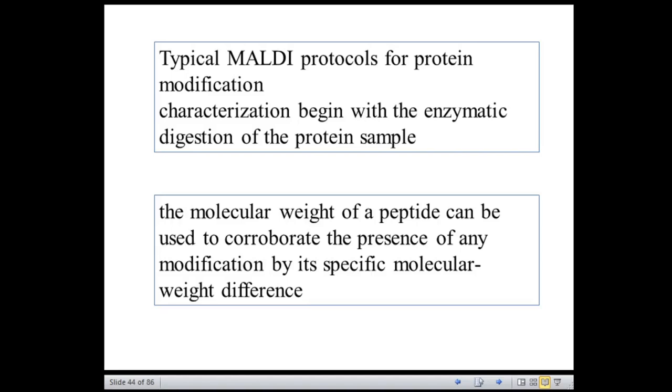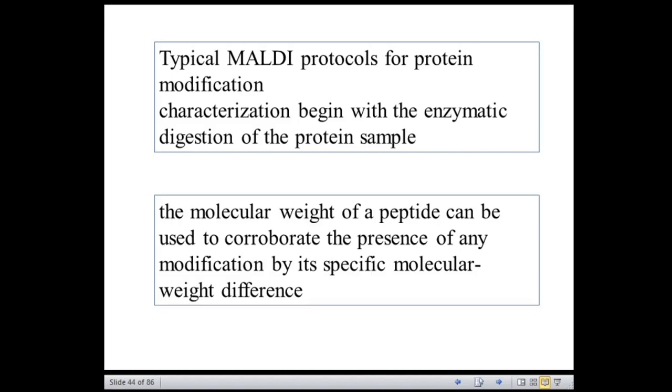So if there is a difference between the molecular weight of the primary structure and the post- or co-translationally modified protein, it is confirmed that the modifications have happened.